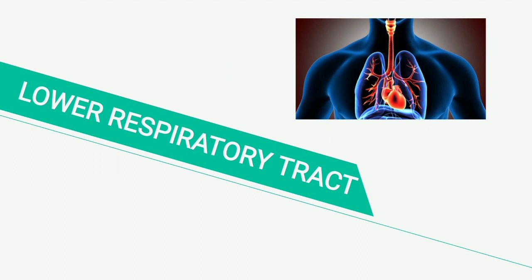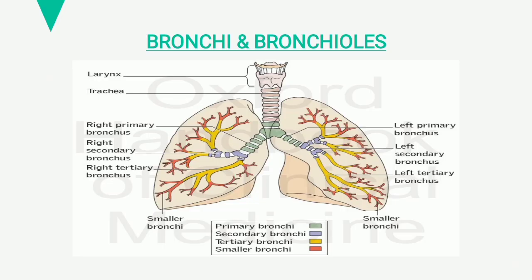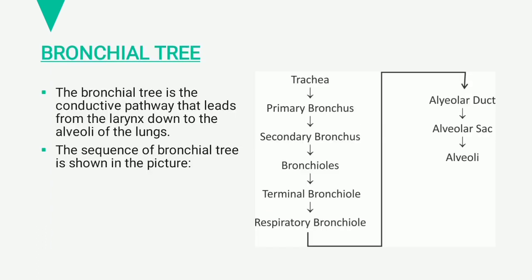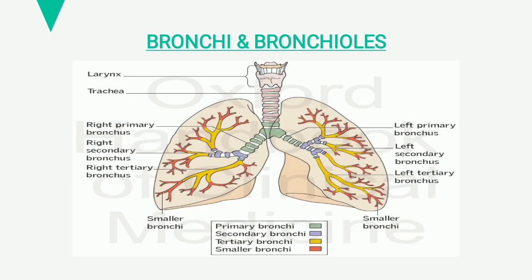Now comes the lower respiratory tract. First one is bronchi and bronchioles. In this structure, you can see the bronchial tree. Bronchial tree is the conductive pathway that leads from the larynx down to the alveoli of the lungs. So the bronchial tree starts from the trachea.